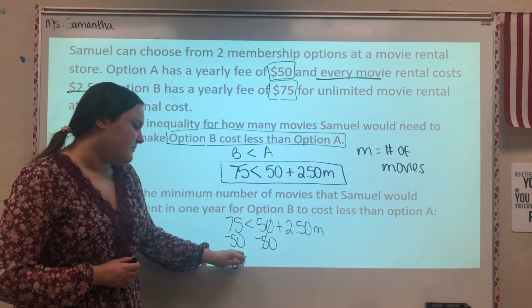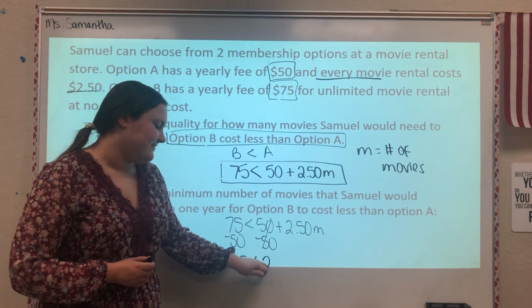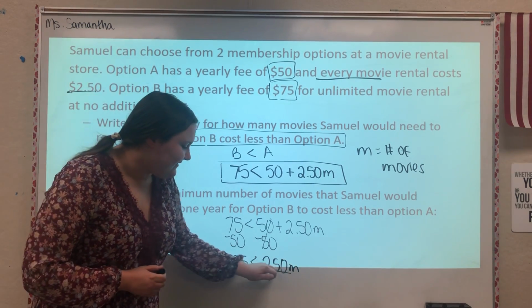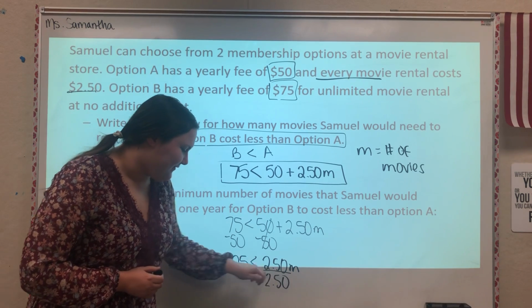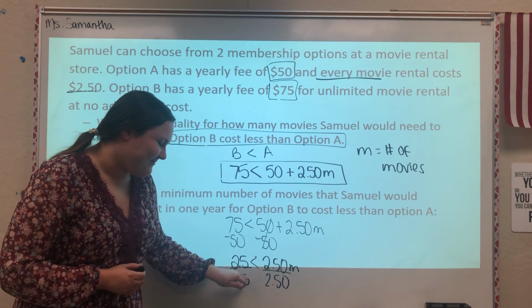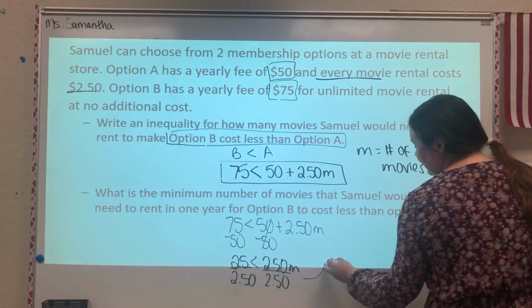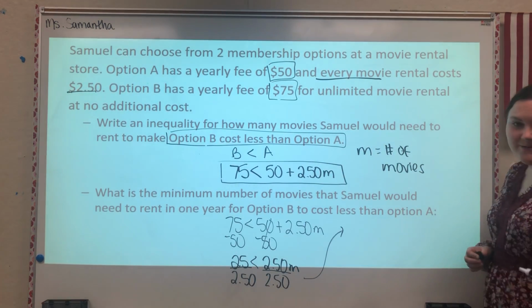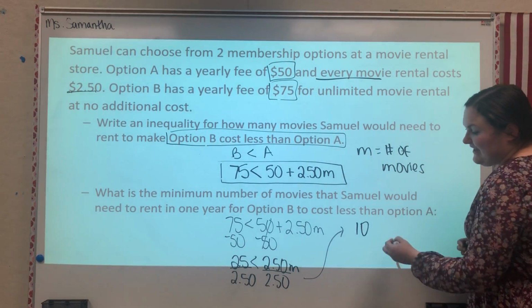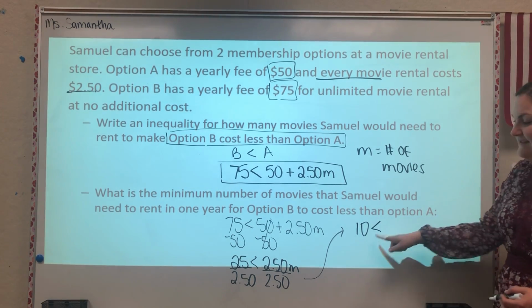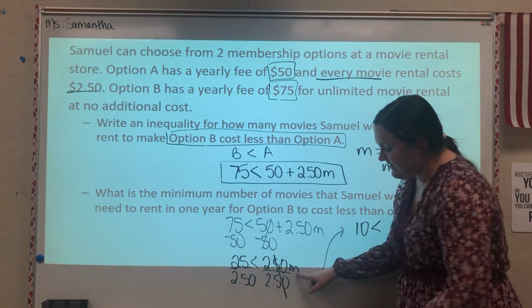That leaves us with 25 is less than 2.50m. Now I'm dividing both sides by 2.50. So we get 25 divided by 2.50 is 10. I'm just going to copy down that less than sign. So we get 10 is less than m.